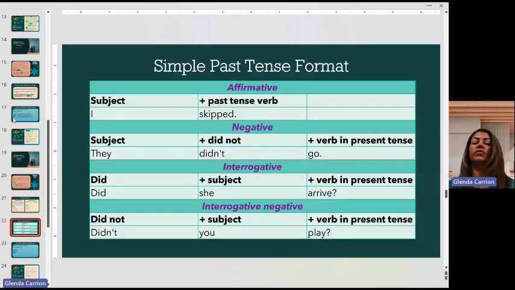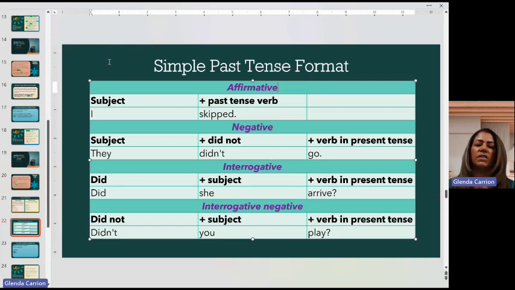Now, I told you that the good news was that you only need to really use the past tense of the verbs in affirmative form. So here is a little table that will let you know how to use the simple past tense, right? So this part will tell you what type of sentence are you making, and then you're going to see the parts of the sentence right here, and then your example, all right? So in the affirmative form, for example, you have the subject plus the past tense verb.